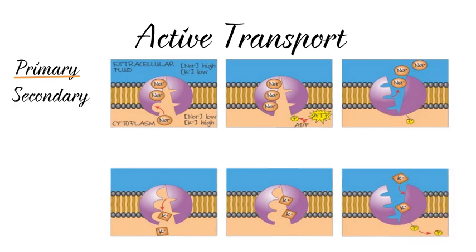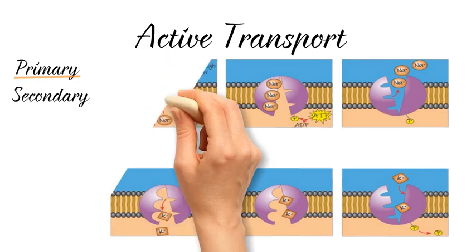Meanwhile, two potassium ions bind to the pump and the phosphorus is released into the cytosol of the cell. The pump then reverts back to its original shape, releasing the potassium ions into the cytosol. The pump becomes ready for the next cycle.